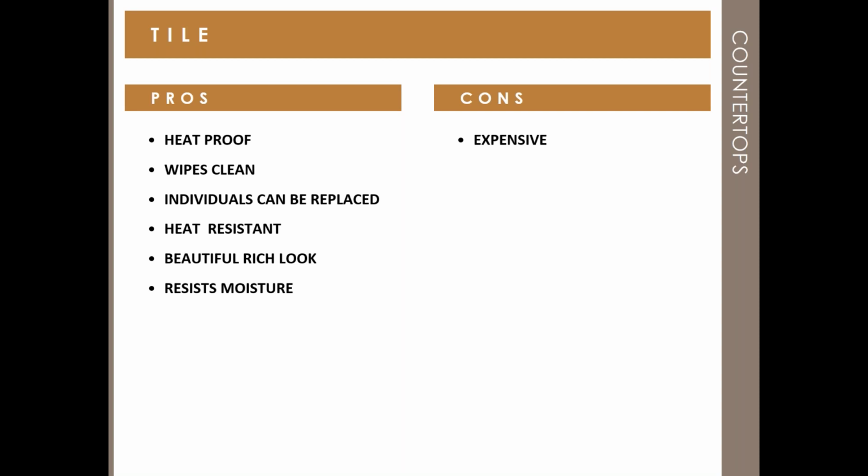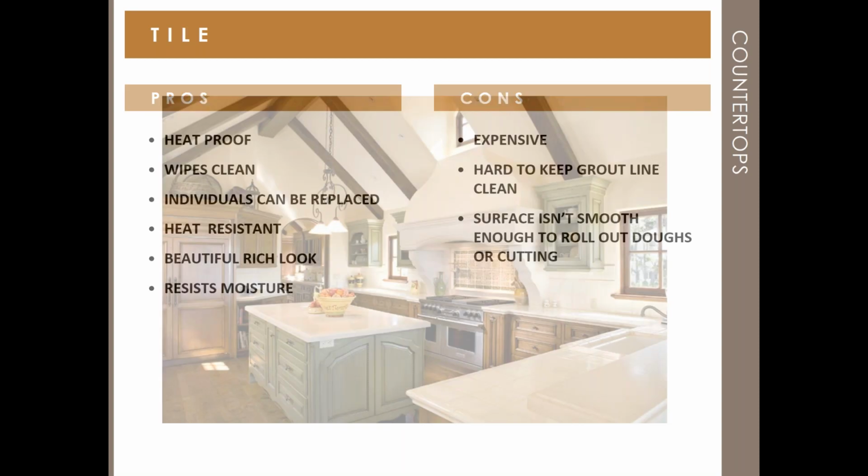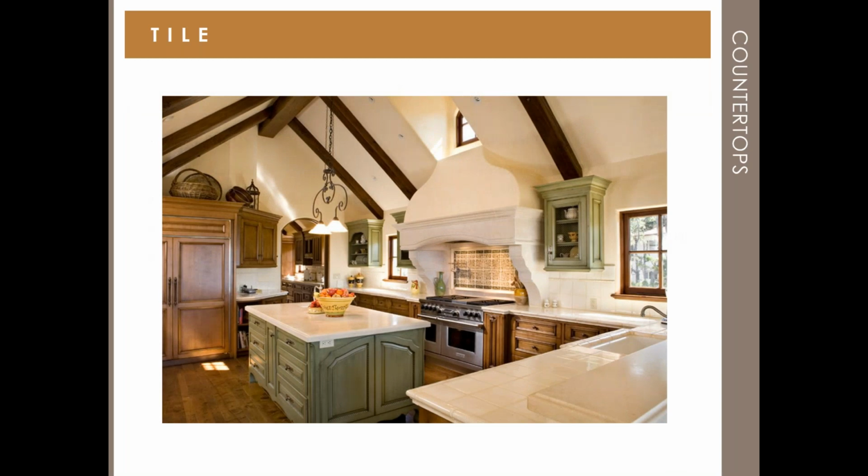Anytime you get a tile man involved, you spend some money. Hard to keep grout lines clean. Surface isn't smooth enough to roll out doughs or cutting. There's an example of tile. Usually if you look at tile, it's going to be more involved in a Southwest kitchen.